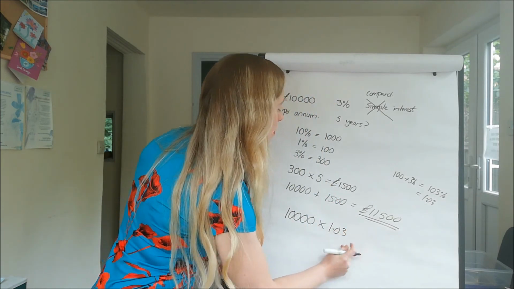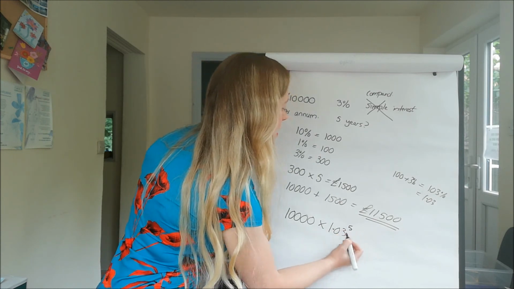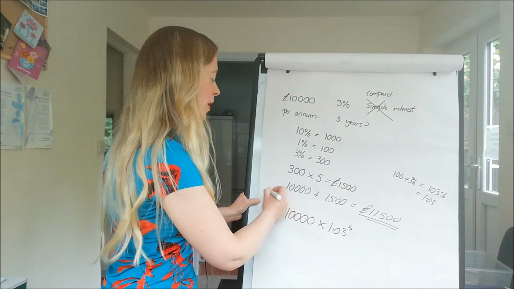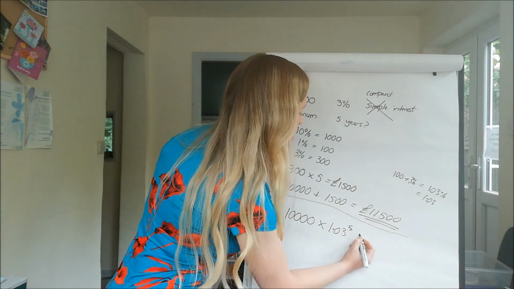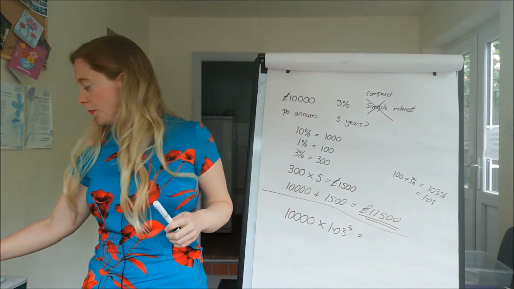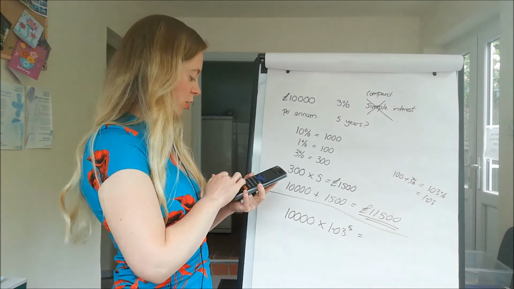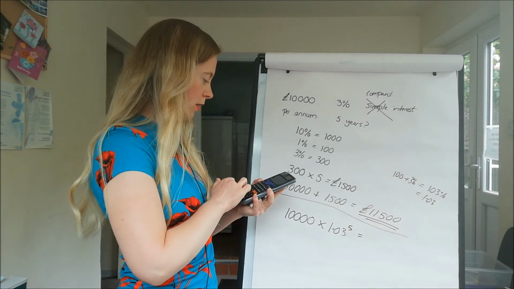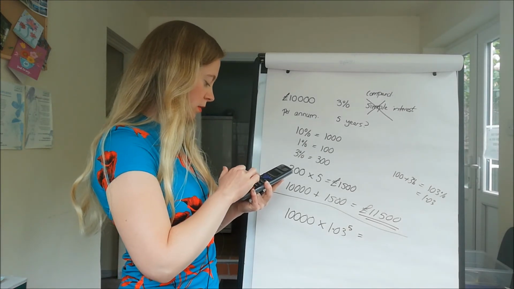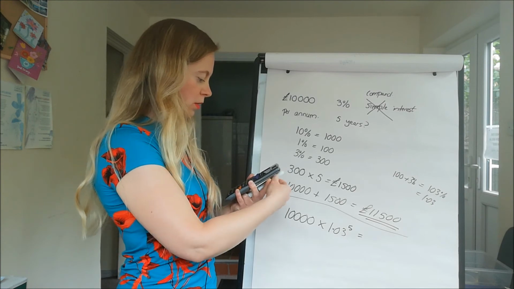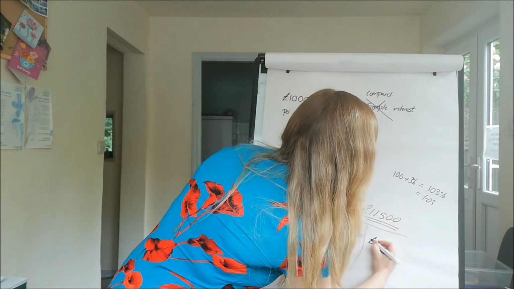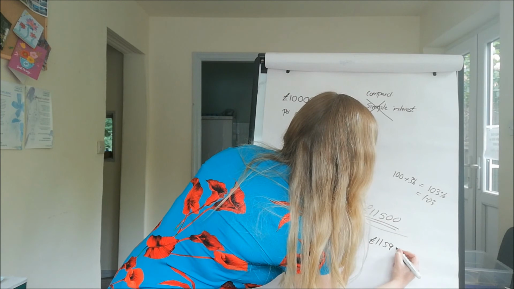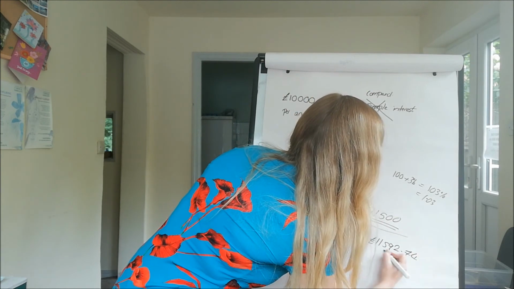So we would have had 1.03 as our multiplier and 5 as our time period. And that would have gone in the calculator to produce an answer of £11,592.74.